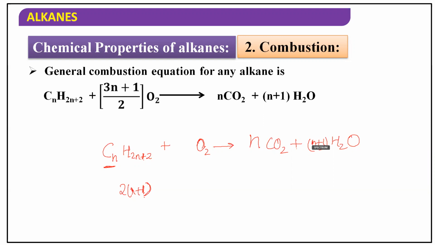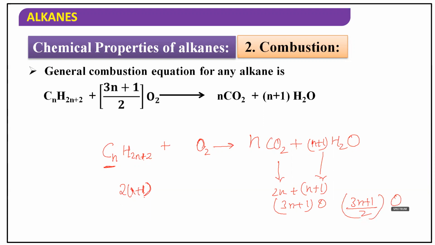Then we balance hydrogen. At last, we can see the oxygen requirement on this side. It comes as 2n plus n plus 1, which is nothing but 3n+1 oxygen atoms, or we can say (3n+1)/2 O2, because 2 atoms are attached in O2.